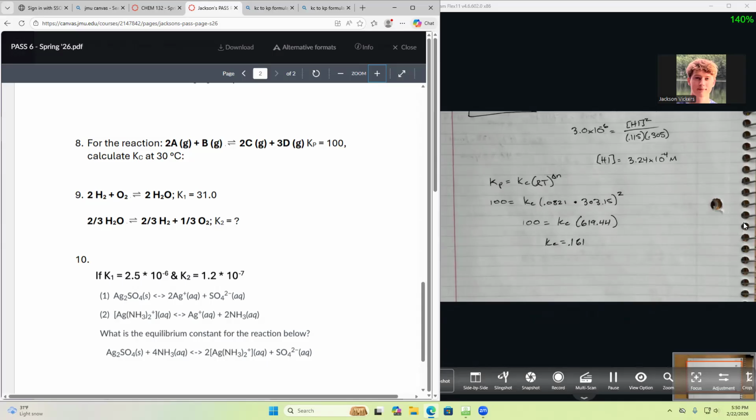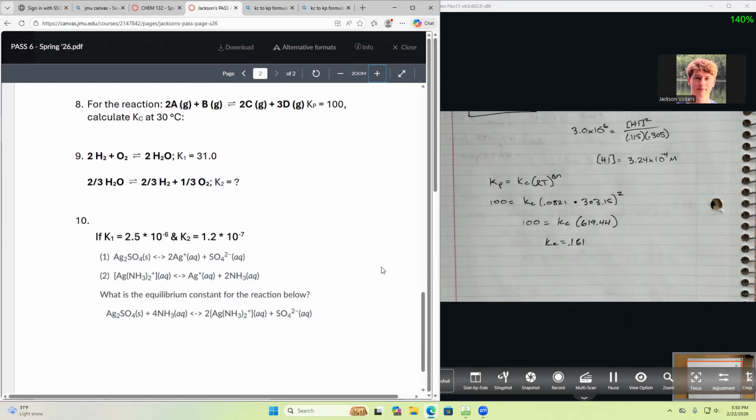This is another one of those formulas where if you have the formula, it shouldn't be too tricky as long as you don't make any calculator mistakes. The answer I got here was 0.161. Do we feel good about that?